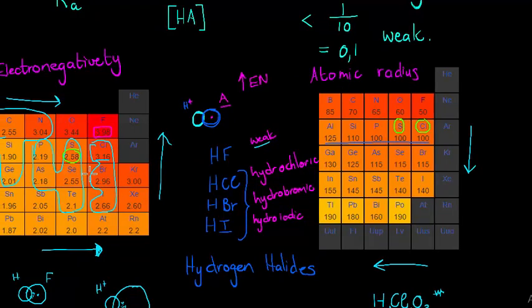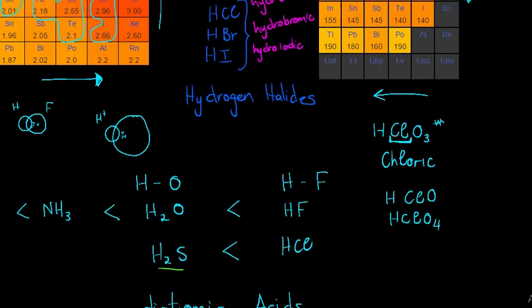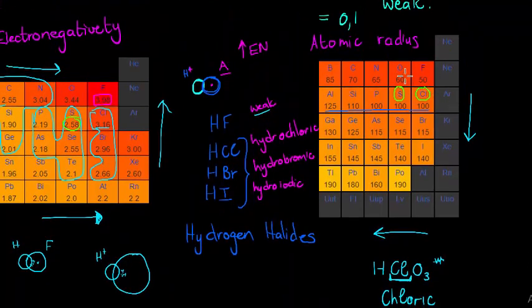But sulfur and hydrogen itself we saw is a fairly weak acid. It's stronger than water because of the relationship between the atomic radii, but itself is not a strong acid.